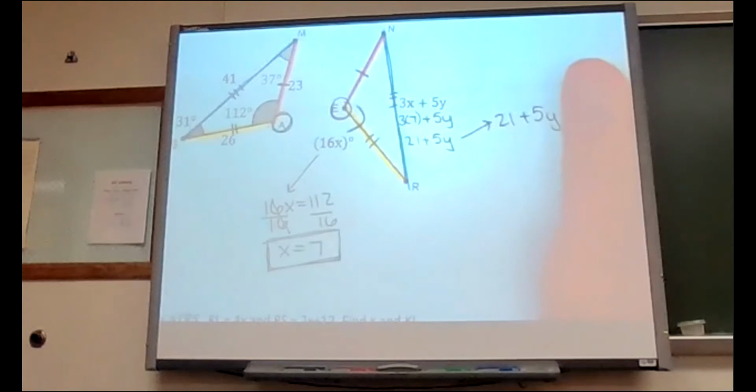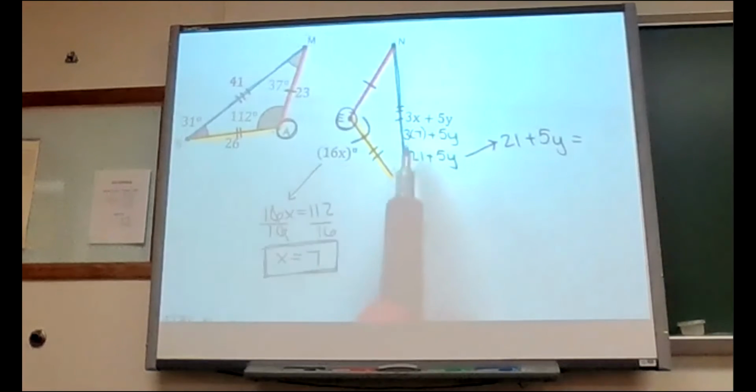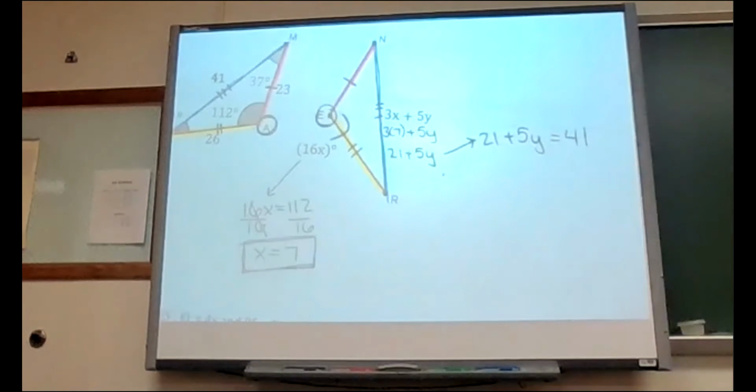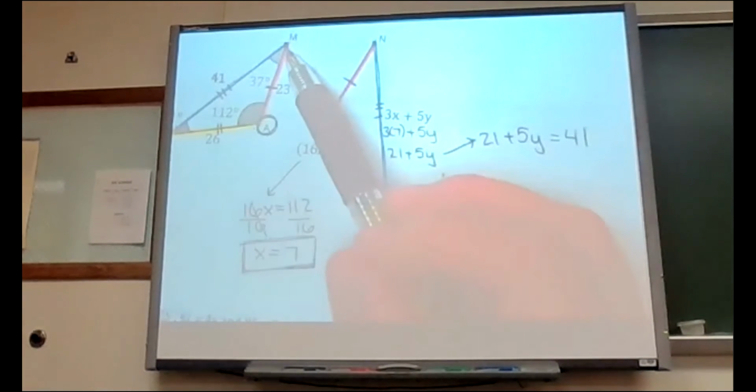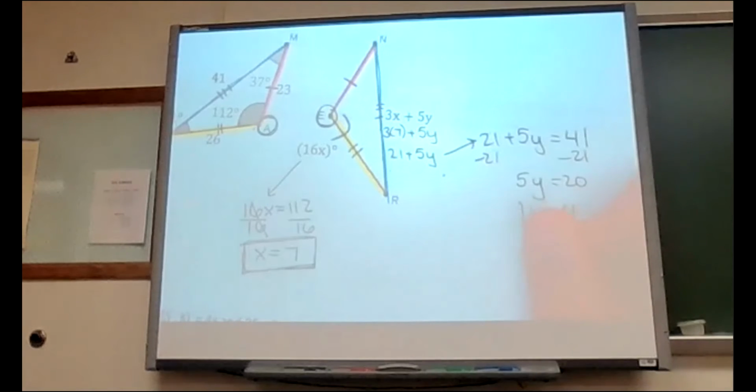It's equal to this length, 41, because this side is congruent to this side. And then I subtract 21, and 5y equals 20, and y equals 4.